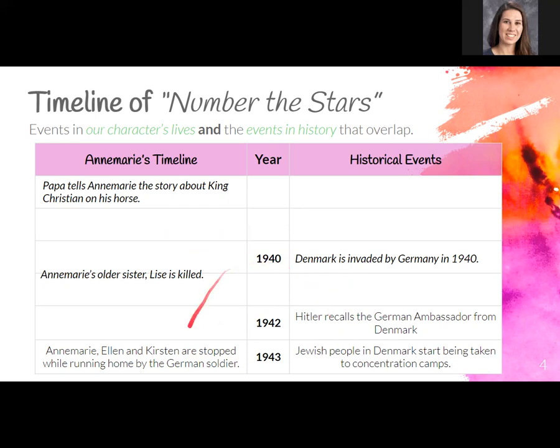And then in 1943 is when Anne Marie, Ellen, and Kirsten are stopped while they are running home by a German soldier. All at that same time, in Denmark, Jewish people were being taken from their homes and out of their shops and from their lives and being put into concentration camps.